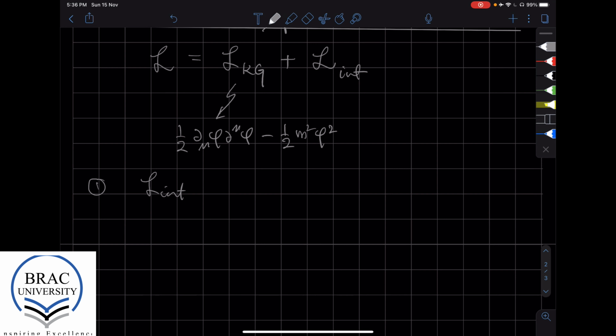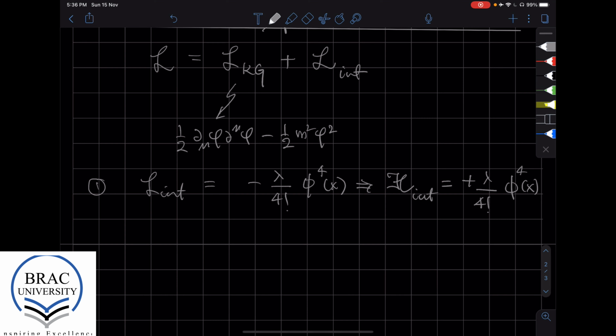One could be that L int has the form of some real constant lambda by factorial 4, the factorial 4 is a convention, phi to the power 4 of x. So if this is the interaction Lagrangian density, then the interaction Hamiltonian density would be the negative of this. So this would be lambda by factorial 4, phi to the power 4 of x. So such theories are known as phi to the power 4 theories.